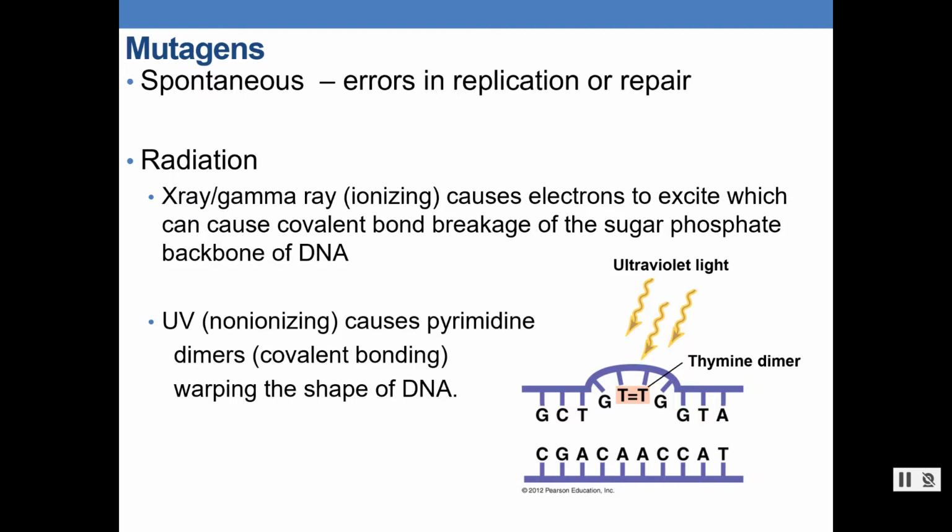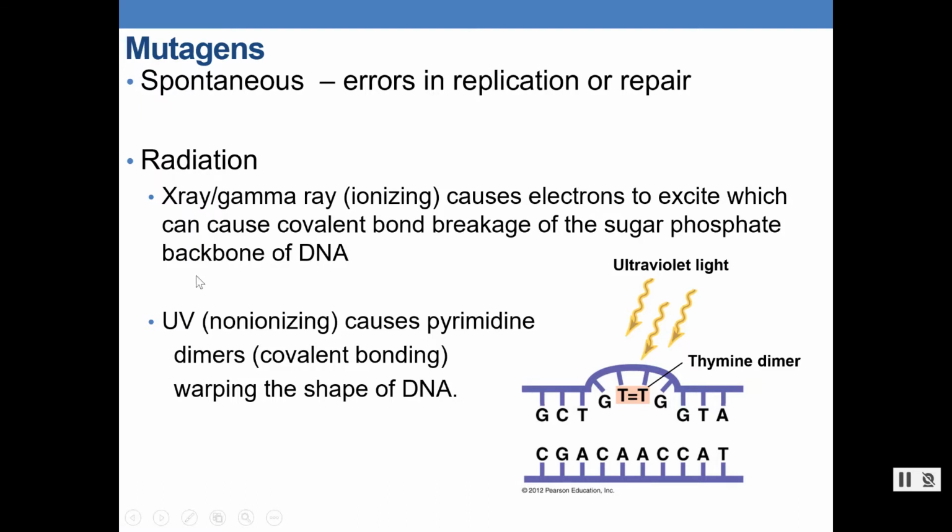The radiation can cause electrons to get excited, and they jump, and when they move fast, it breaks some of those covalent bonds. And we know the sugar phosphate backbone is made up of covalent bonds. So if you get breakages there, your cell tries to repair it, and it is never quite right, so you can get some mutations that way. So x-rays are one type of mutagen that can cause that.